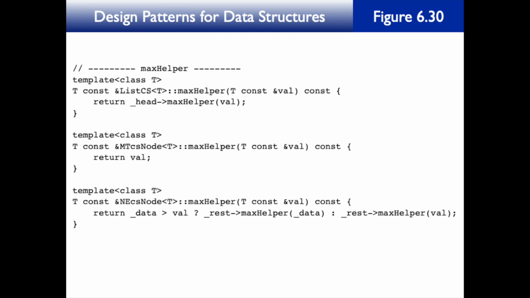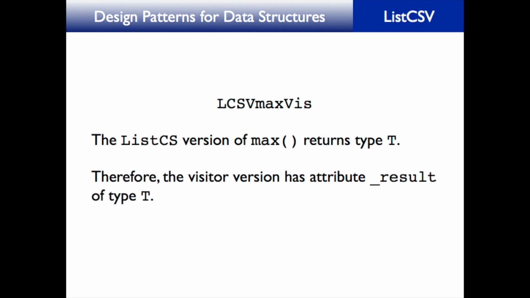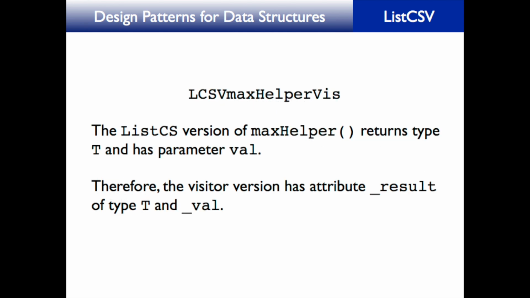Because remember, all we need to do is be able to translate from the list CS version to the list CSV version. So now let's take a look at the LCSV max visitor. The first thing to note is that the list CS version of max returns type T. Because it returns type T, our visitor version has to have an extra attribute called _result of type T. And what about the max helper viz?